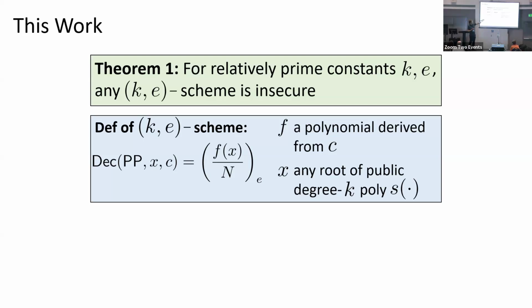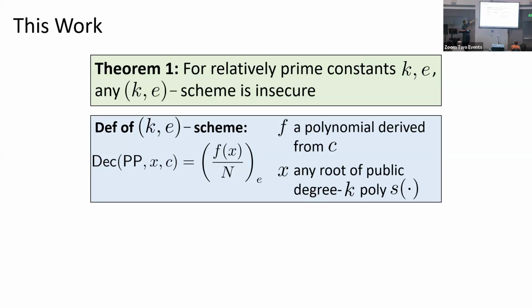For general k, k is the degree of the polynomial defining the secret keys, and E is the power residue symbol we're going to use. If your decryption is some polynomial in your secret key, and then you compute the power residue symbol, we say that this is a k comma E scheme. And the first main theorem is that if k and E are relatively prime, then no matter what k, E scheme you give me, the scheme is going to be insecure.